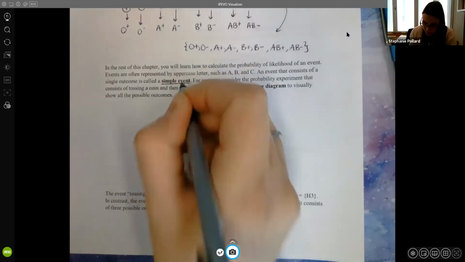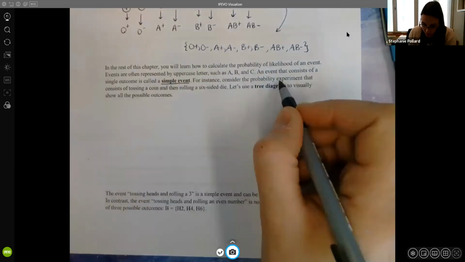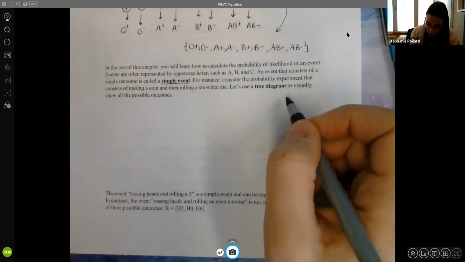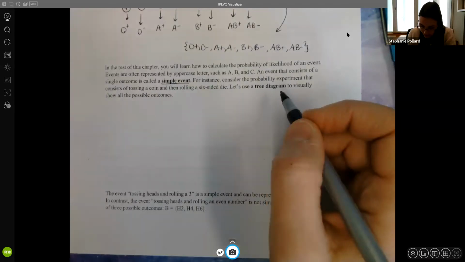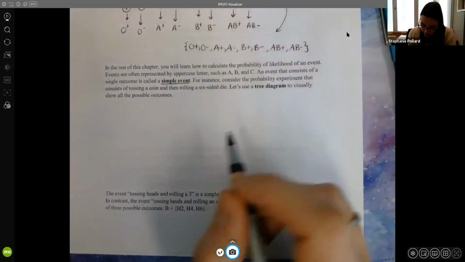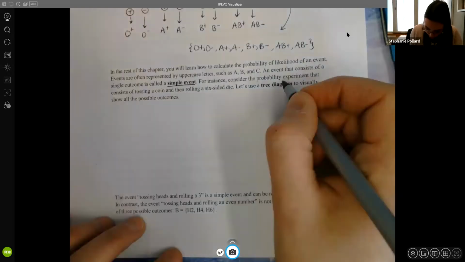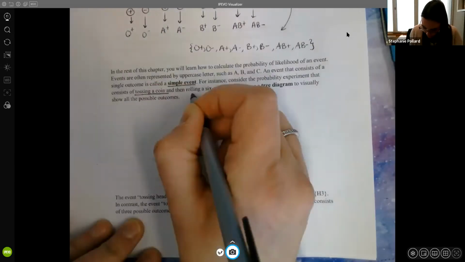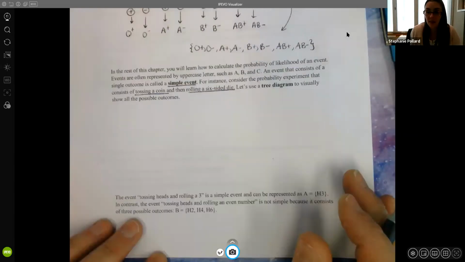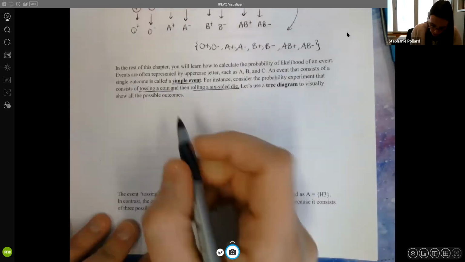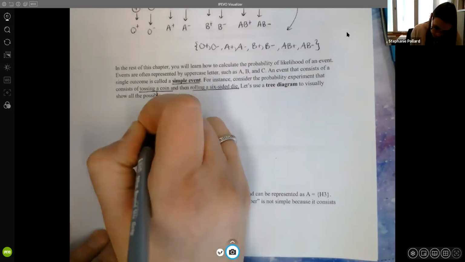For instance, consider the probability experiment that considers tossing a coin and then rolling a six-sided die. Let's use a tree diagram to visually show all possible outcomes. So there's two things happening here. We're going to toss a coin and we're going to roll a six-sided die. That's a standard die. So if you toss a coin, you could either get heads or tails.